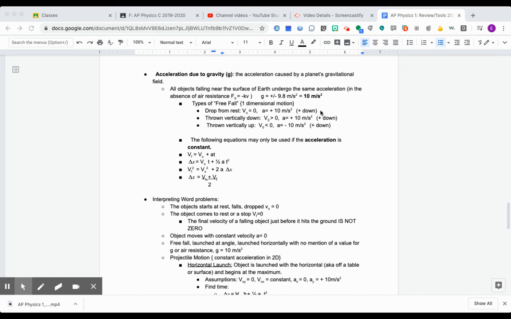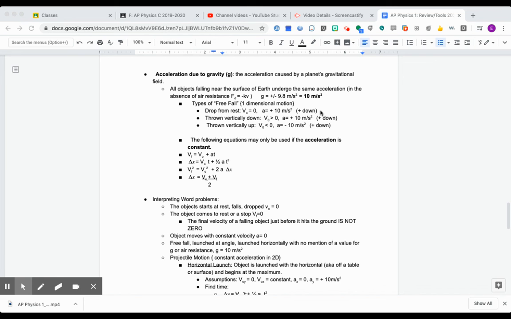If an object is thrown vertically upward, that opposes the force of gravity, so the initial velocity is going to be negative. So technically the initial velocity is less than 0, because that value would be negative, meaning opposite to the direction of the force of gravity.